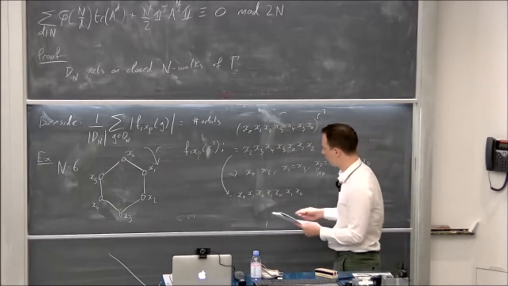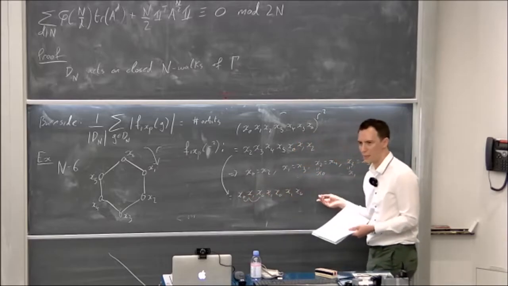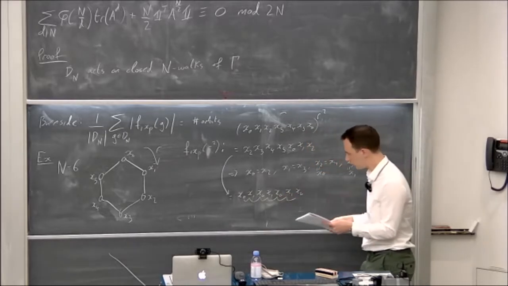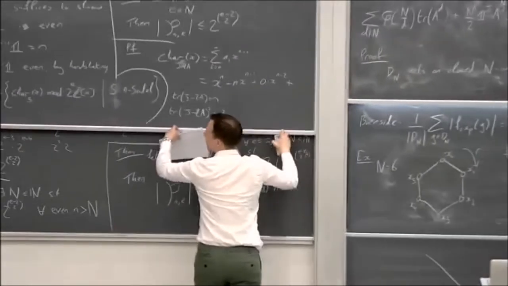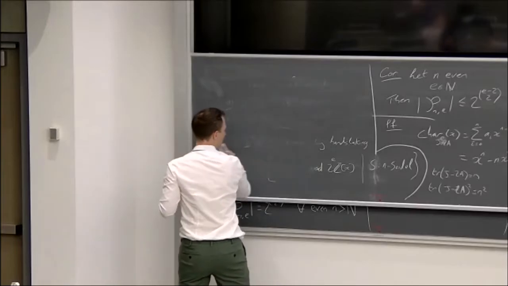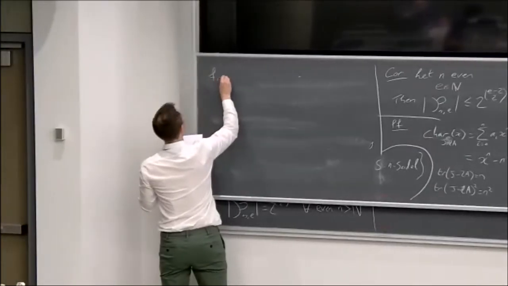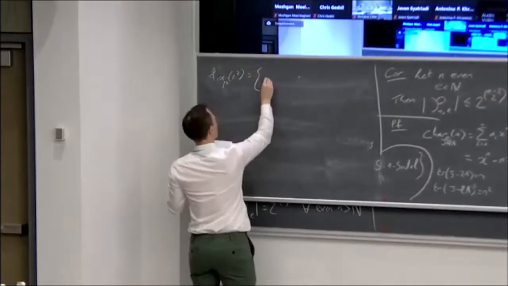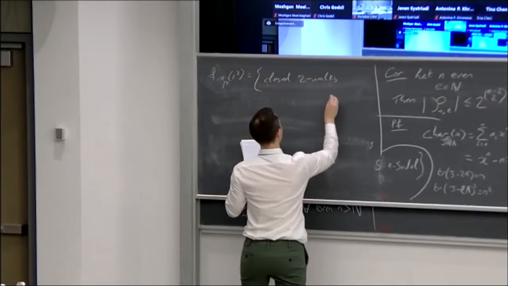And so what can we notice about this? Well, this is just a 2 walk repeated 3 times, a closed 2 walk repeated 3 times. So we deduce from this example that closed 6 walks fixed by R squared are just closed 2 walks repeated 3 times. Fix gamma R squared just consists of closed 2 walks repeated 3 times.